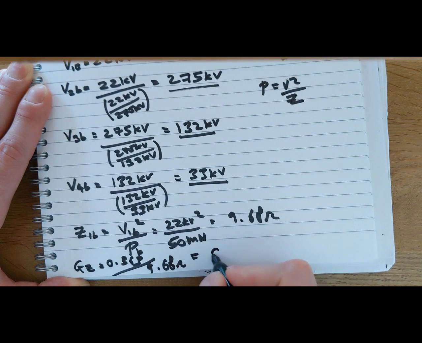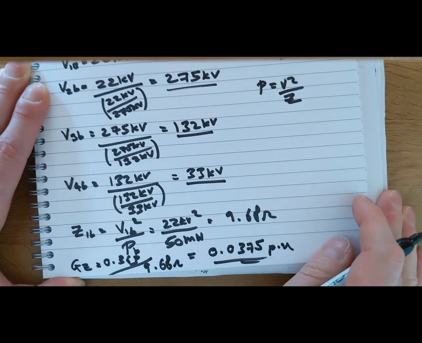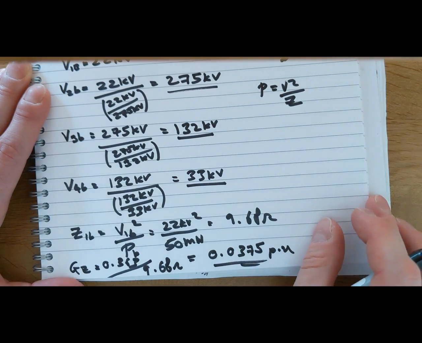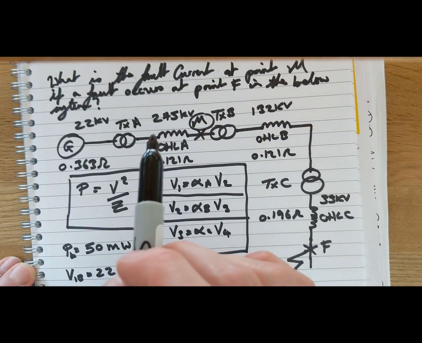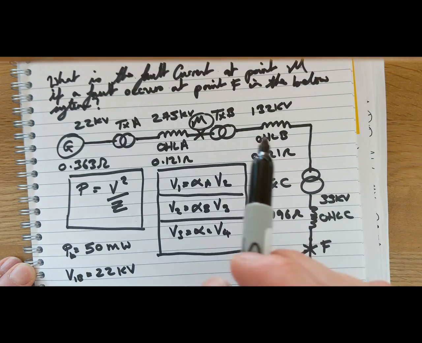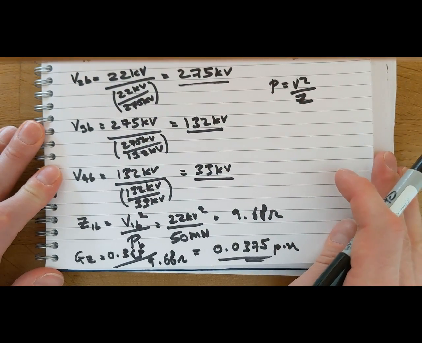And that's going to give us 0.0375 per unit. So we've got our first impedance in per unit for the generator. Now we need to go along and do the next 3 overhead lines, overhead line A, B and C. And then we'll have all of our impedances in the per unit system.